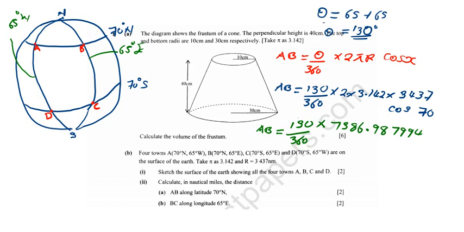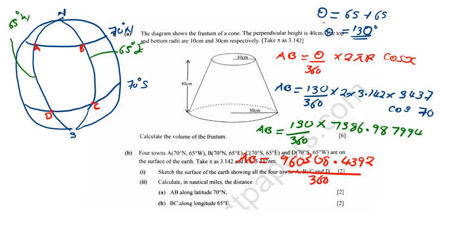So again, when I multiply 130 times 7386.987994, AB will be equal to 963308.4392 over 360.